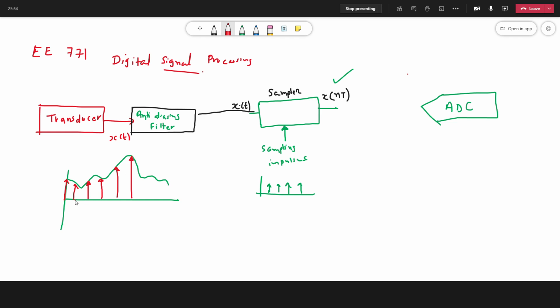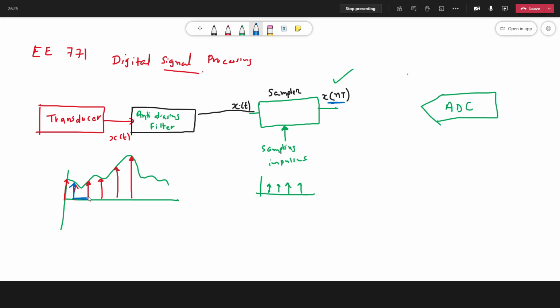In between the two sampling instants, the signal x of nTs is 0 because this is just an impulse. The output of the sampler will be available for a moment only. So in between the two sampling instants, the output of the sampler is strictly 0.